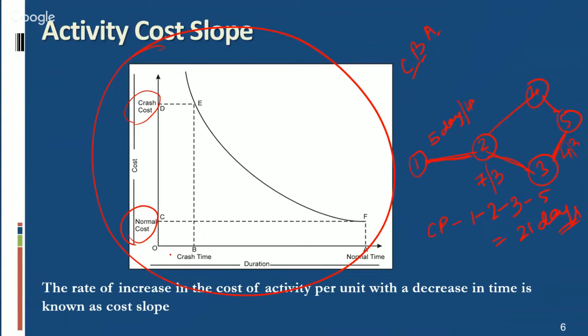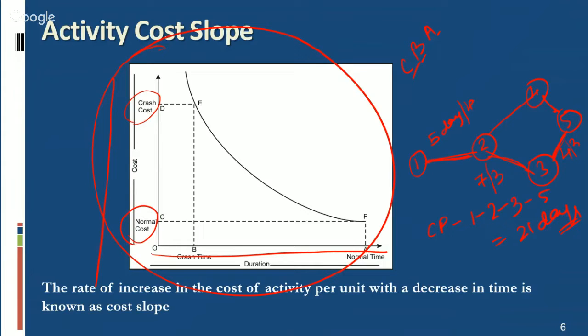OA section represents the normal time duration for completing a job, and OC, this section, represents the normal cost involved to complete a job.